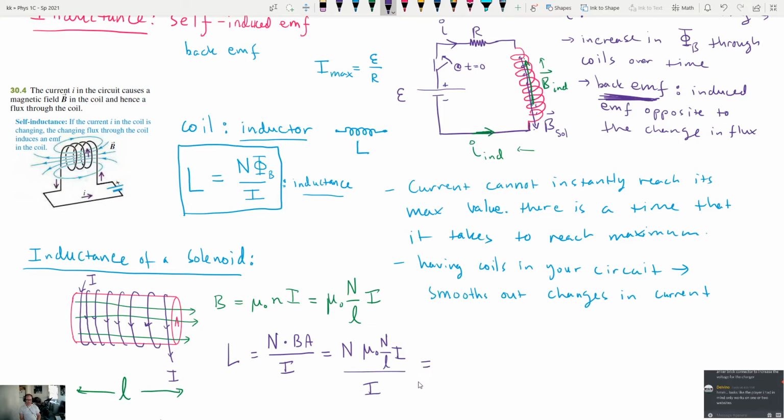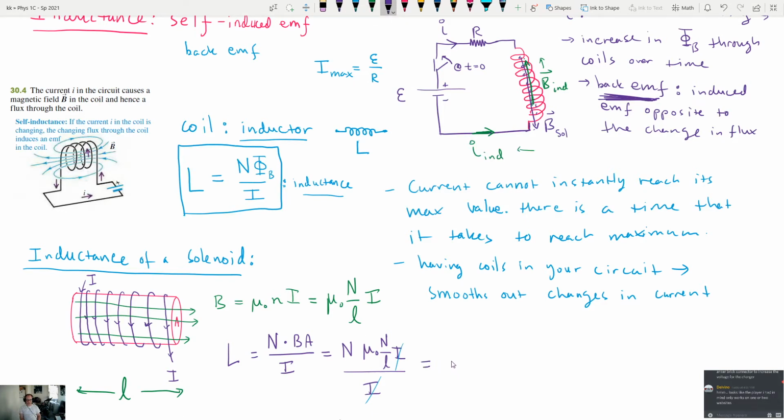I think this has to happen when you're doing these kinds of calculations: the current always cancels out, because you want your inductance to have nothing to do with the specific currents that you send through the circuit. You want it to just be a value that is independent of the current that you pass through the circuit.